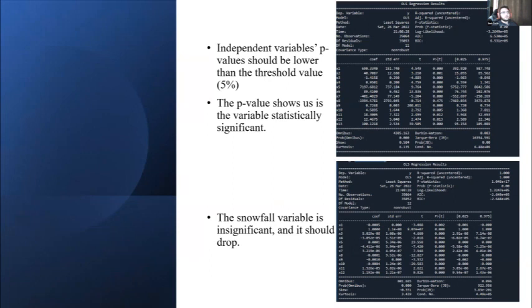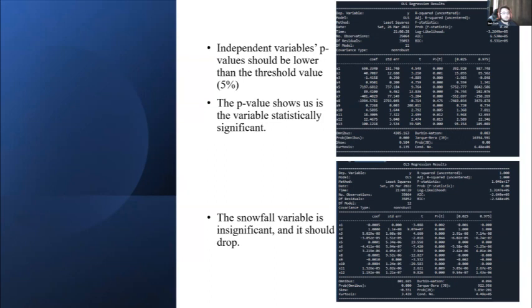When we look at the first result according to p-values, the 8th variable is insignificant because its p-value is higher than the threshold value, which is 5%, and I should drop it.